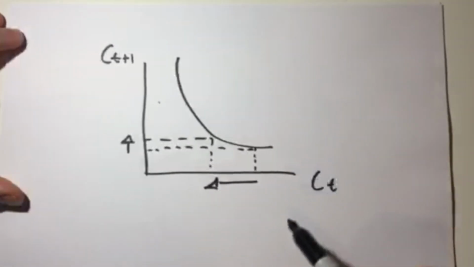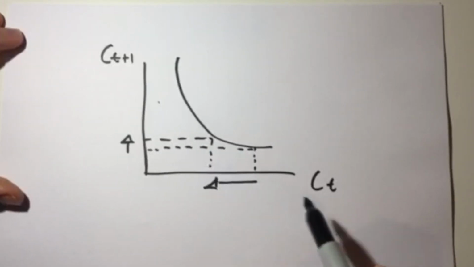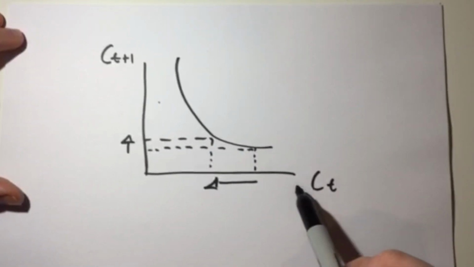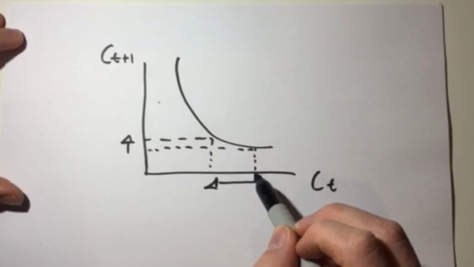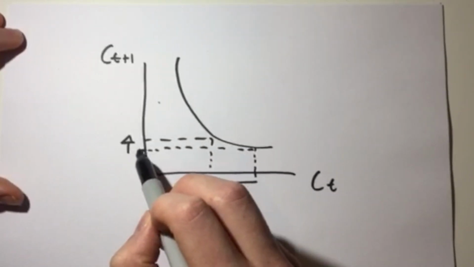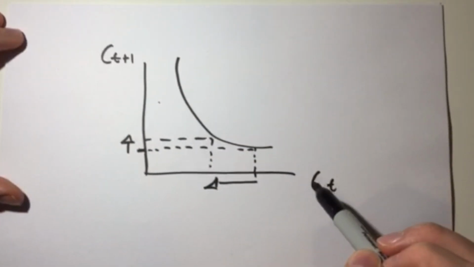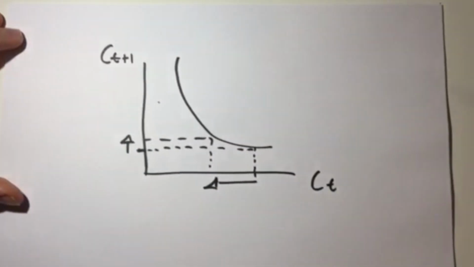Let me explain before you try and understand exactly what these lines mean. At this point here, we have a lot of CT and not much of CT plus 1. Because we have a lot of CT, we're not getting much utility from it, because the more we get of a good, although we do get extra utility, it's at a decreasing rate as we get more and more of it.